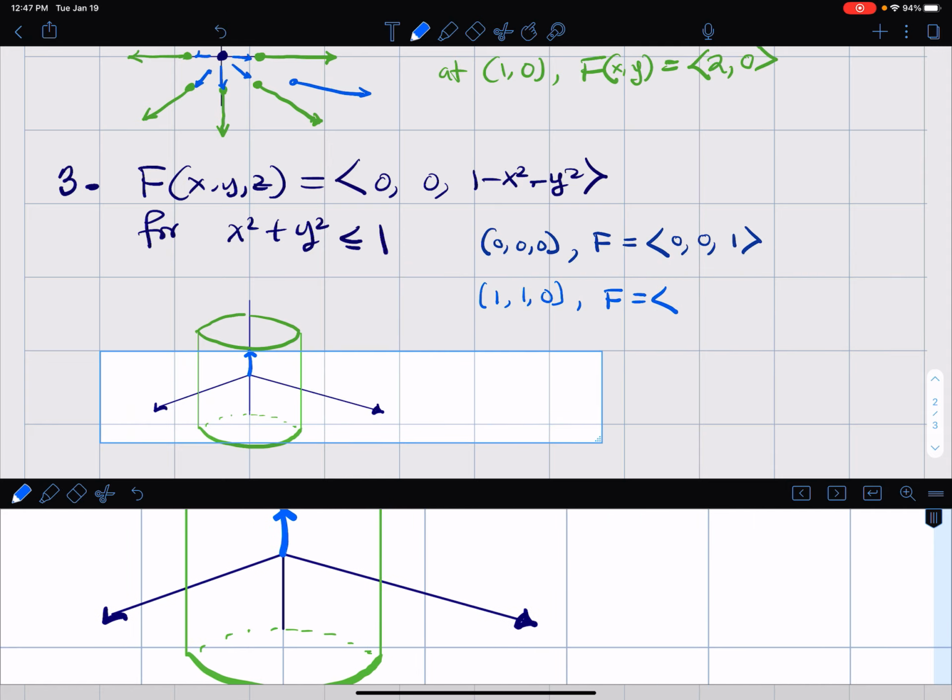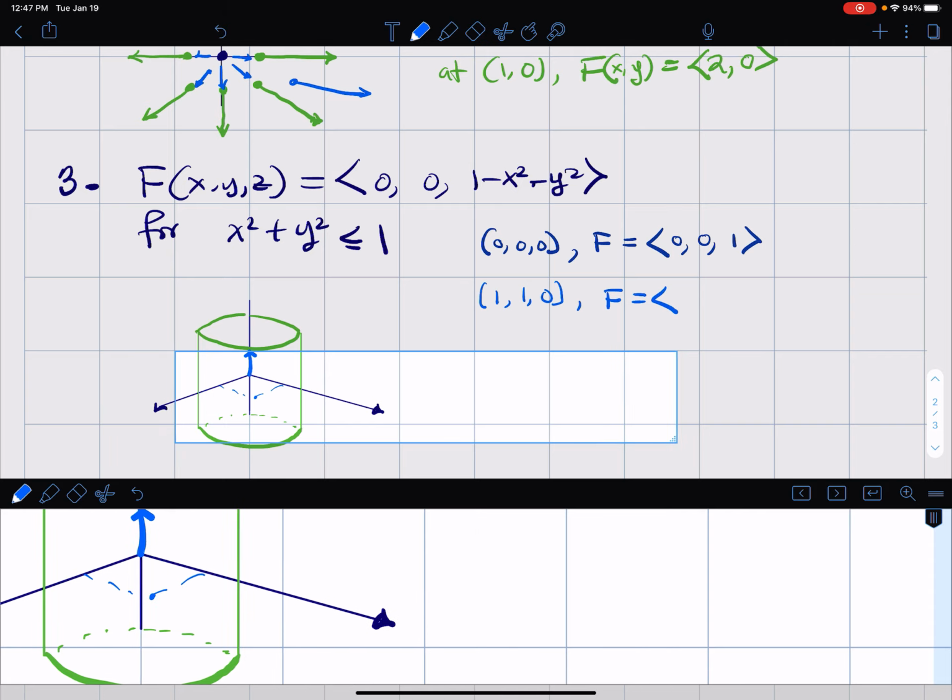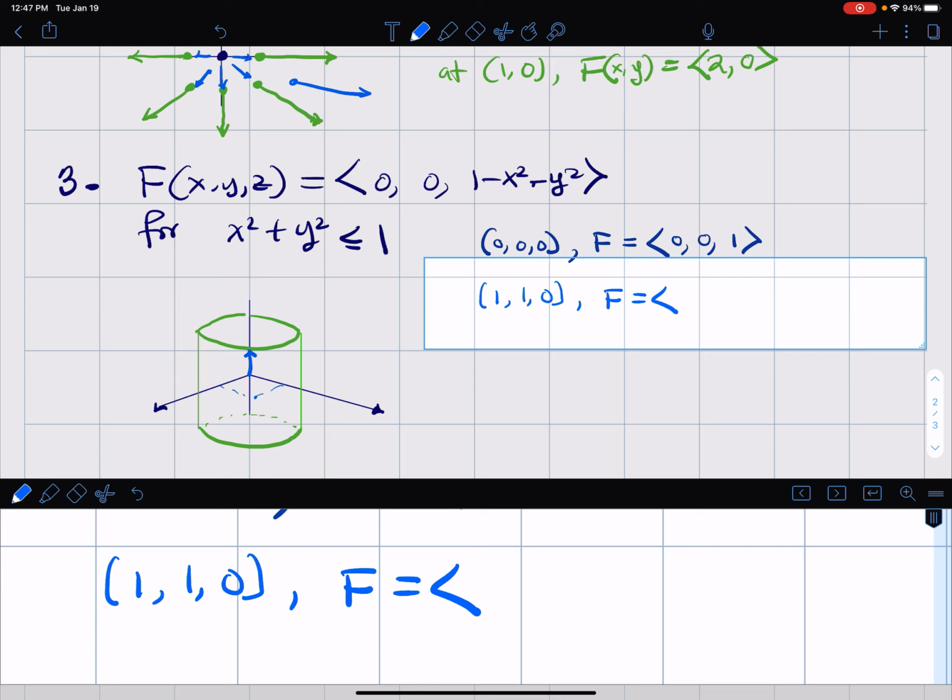That's where we're going to start to draw our vector. We know the first component of our vector is 0, the second one is 0, and the third one is 1 minus 1 minus 1.